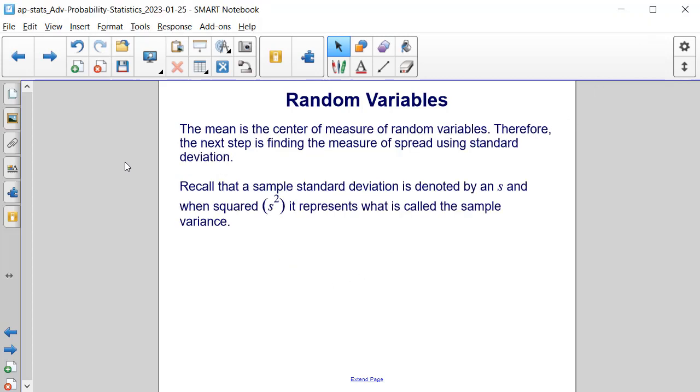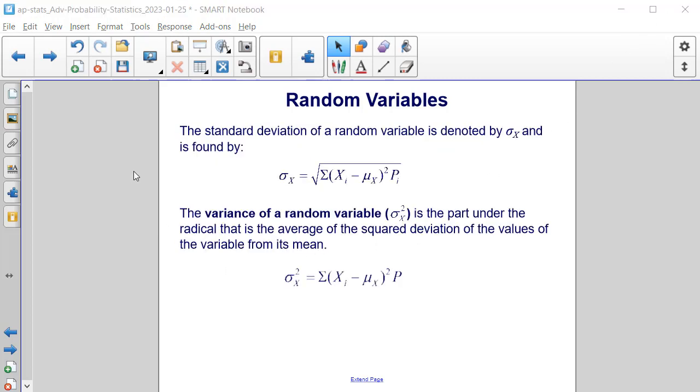The mean is the center measure of random variables. Therefore, the next step is finding the measure of spread using standard deviation. Recall that a sample standard deviation is denoted by lowercase s, and when squared, in other words s squared, it represents what is called the sample variance.